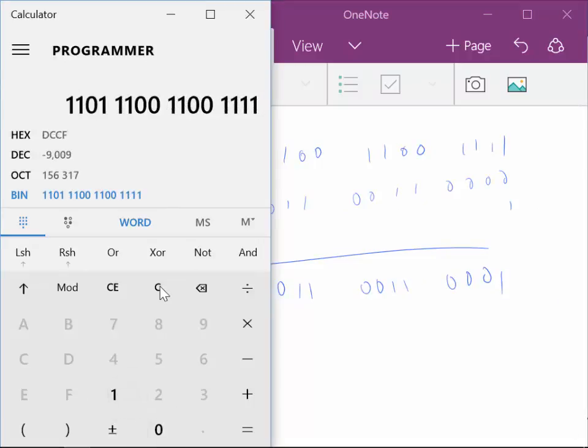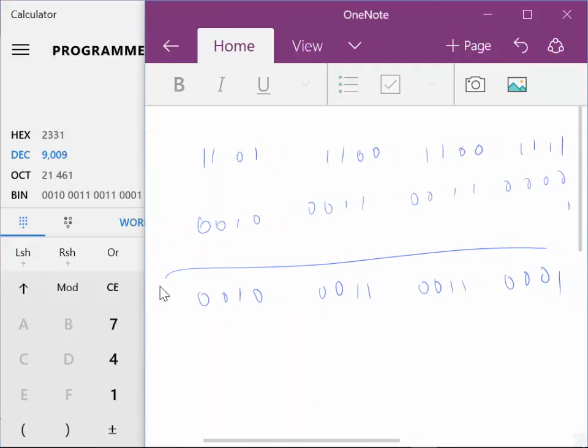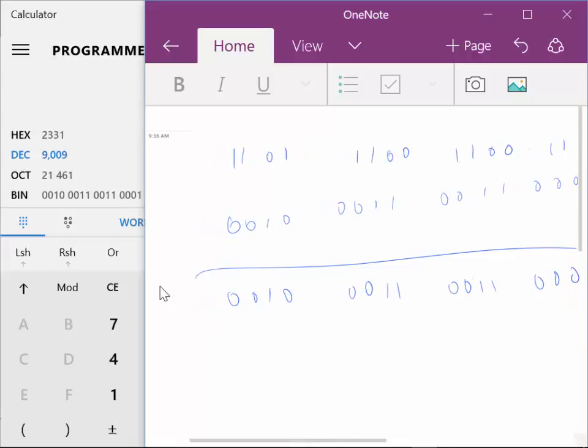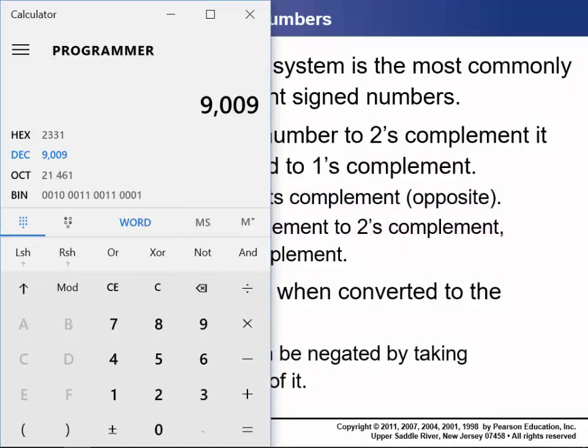So that number happens to be negative 9009. If I put in 9009 right there, it should be the same as the number I had, 0010, 0011, 0011, 0001. So you can see that we got the same number back.